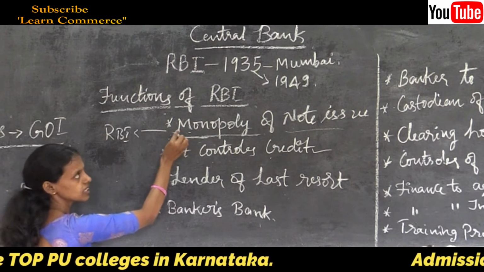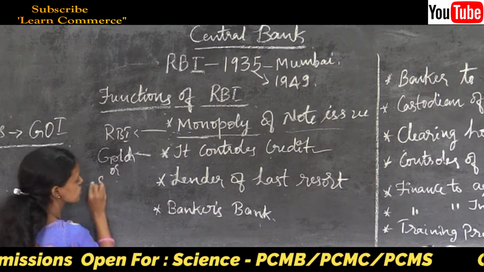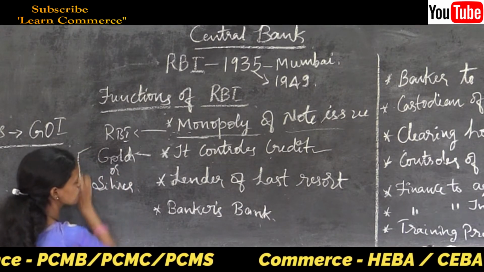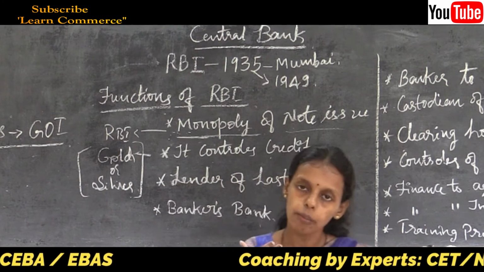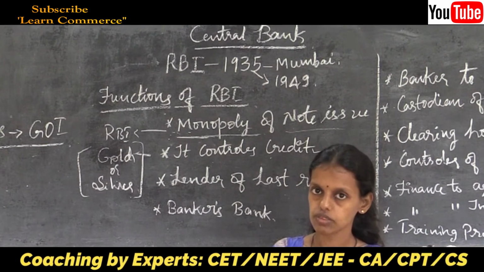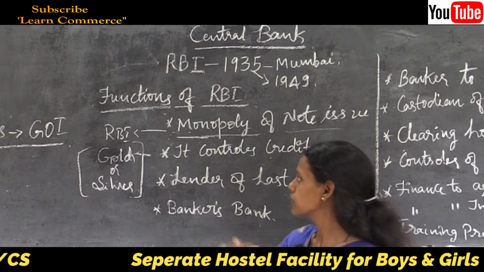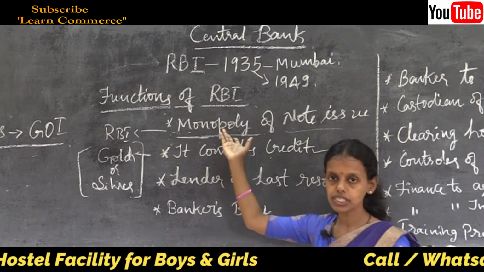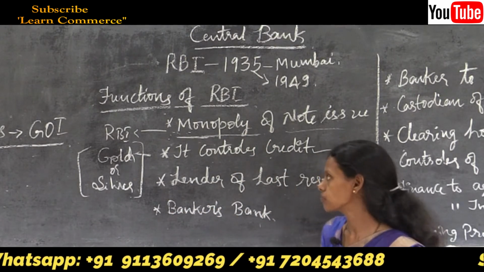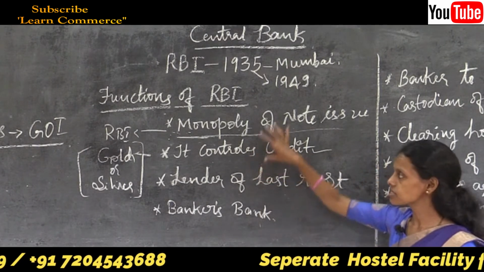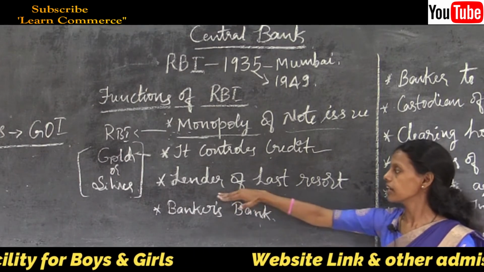It should keep a certain amount of gold or silver as a reserve, and only then print the currency notes, because money is in liquid form, the most liquid of all liquid assets. We can convert gold into money in an emergency, or money into gold whenever there is an abundant supply of money in the economy. Thus, the primary functions are the monopoly of note issue, controlling credit, and being lender of last resort.